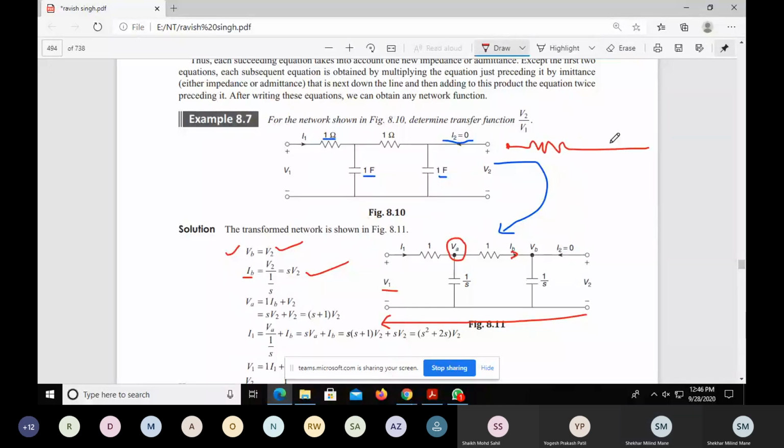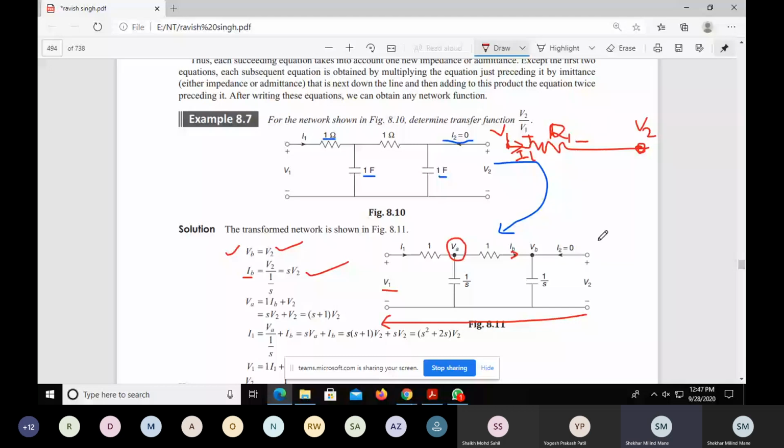Suppose this is V1 and this is V2, and current is flowing like this, and this is R1. And I1 is flowing through this. So because of this current, polarities will be positive here and negative here.